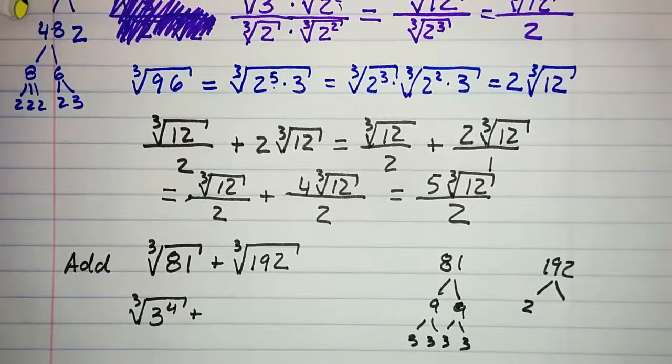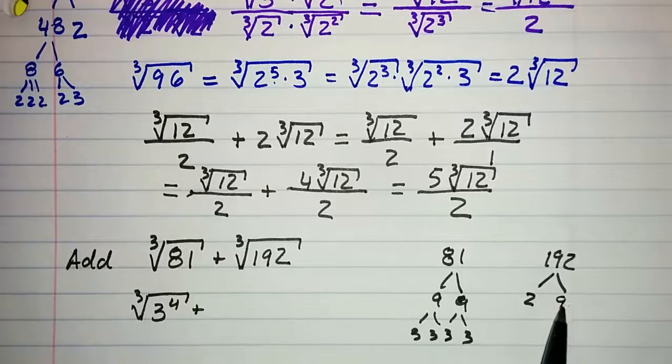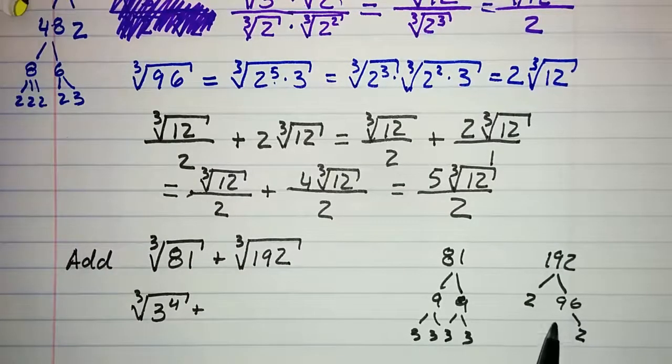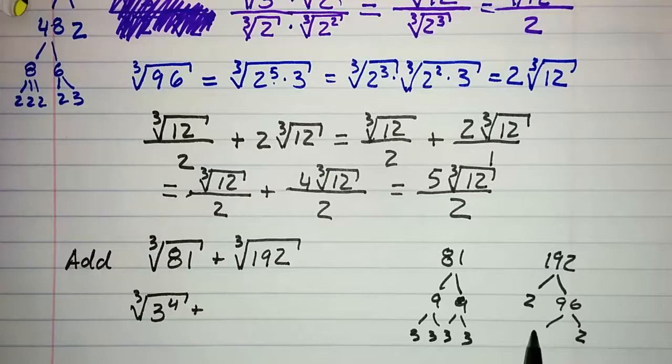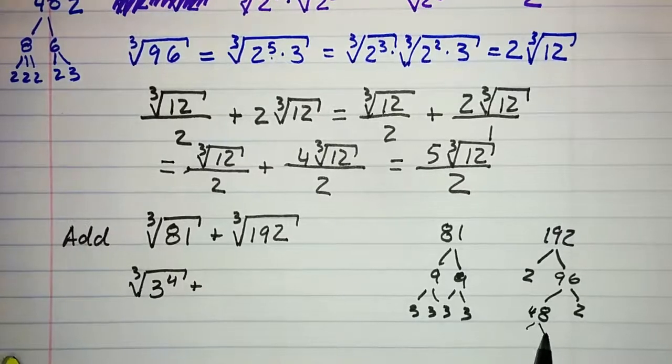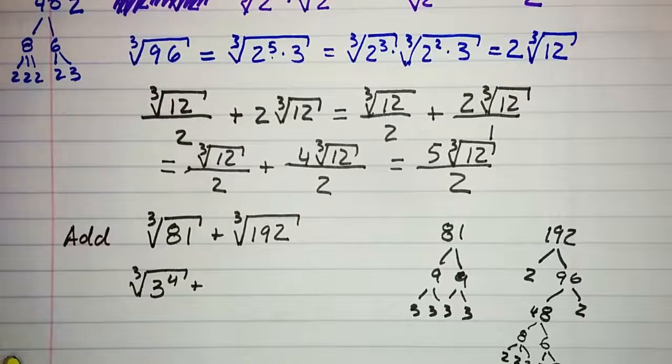So it's going to be 2 times 96. Still even, so we're going to have 2 times 48. 48 is 8 times 6. 8 is 2 times 2 times 2. And 6 is 2 times 3.